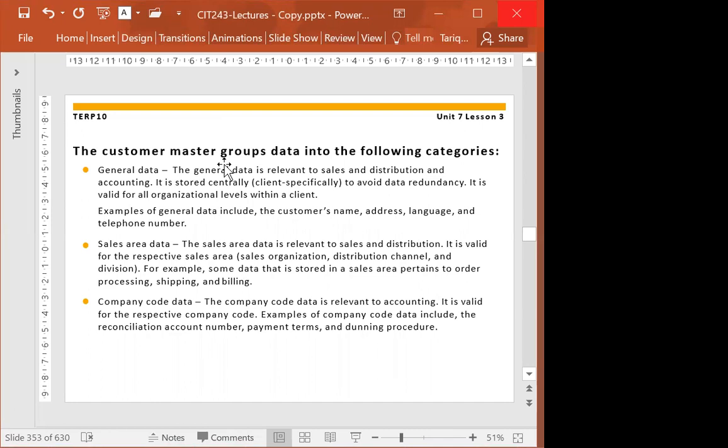Asif, I'm expecting an answer from you as well. Customer general data, sales area data, and company code data. That is very right. So three types of data are available. We have to enter three types of data for a customer.